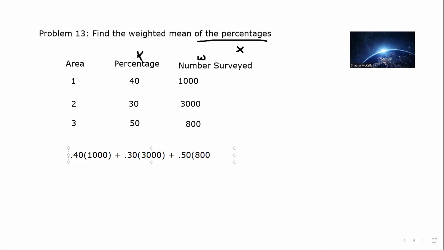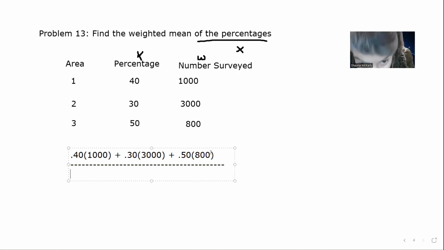And I'm going to divide that by the sum of the weight. So we have 1,000 plus 3,000 plus 800.